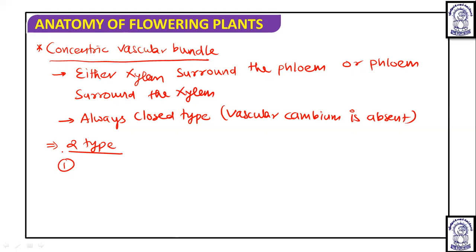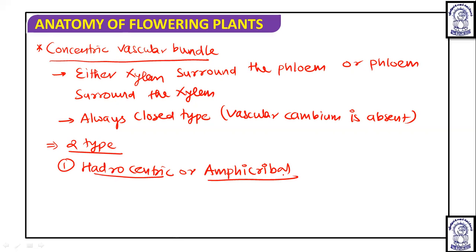The first type is heterocentric or amphicribal. Heterocentric or amphicribal. In this vascular bundle, heterocentric means xylem is in the center and it is completely surrounded by phloem on all sides.